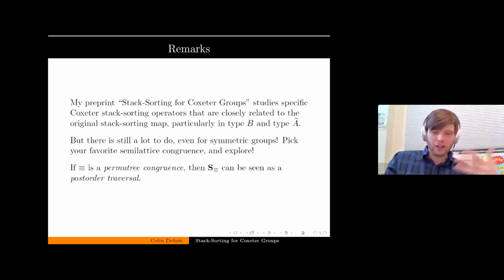This is basically like what I did with the decreasing binary plane trees for the Sylvester congruence, but it's a generalization of this. It's nice because you can describe these Coxeter stack sorting operators as post-order traversals on these permutrees. Basically, you traverse through your permutree in a certain order, and you read off the labels in that order.